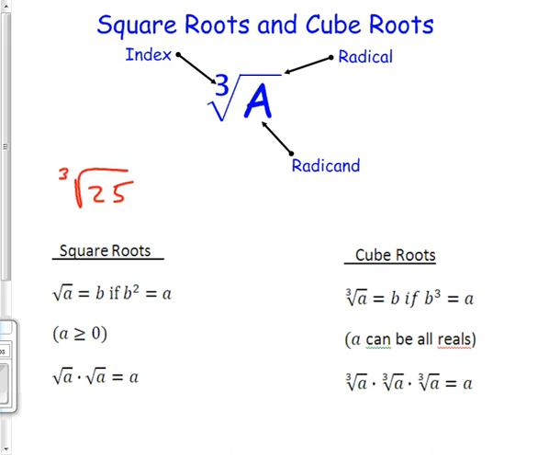But if I put a 3 there, that doesn't mean square root. It means cube root. And a better example would be to use 8, because that has a cube root. What is the cube root of 8? 2. Because it means what times what times what makes 8. 2 times 2 times 2 makes 8. All right. So cube roots are like that.